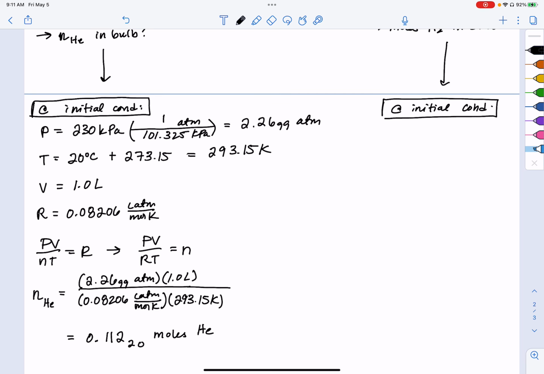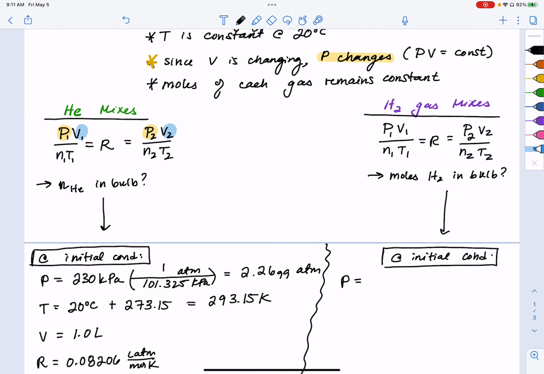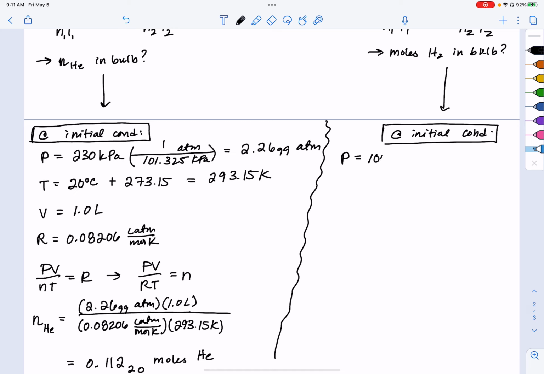All right, so the pressure of my hydrogen gas, I think, was 100 kilopascals. So 100 kilopascals, and I know that I'm going to want that to be into atmospheres. So let's go ahead and do that conversion real quick. So 100 divided by 101.325, 0.98692 atmospheres of pressure.